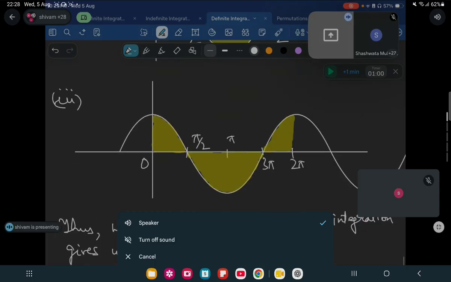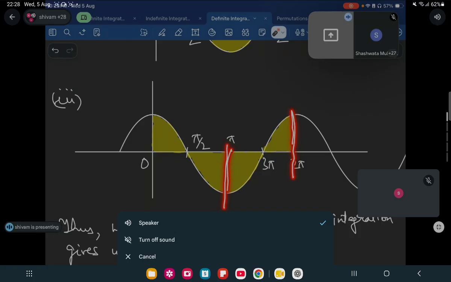One of the examples is just right above your head. Between 0 to 2 pi, or you can say pi to 3 pi, or pi to 2 pi, the integral of cos x is 0. So we are getting at least one root between pi to 2 pi. Same thing is happening between 0 to 2 pi also.